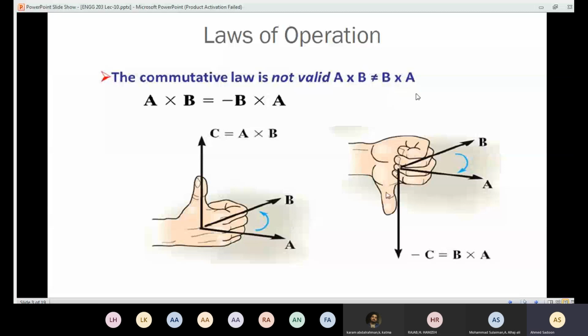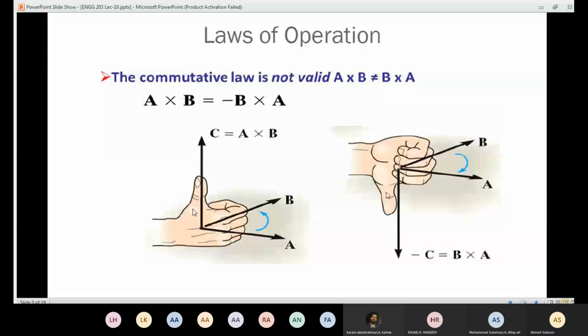is, if I have vector A and vector B, I use the right hand rule. I curl my fingers so that they move from A to B, and you will find that your thumb is directed in this direction.